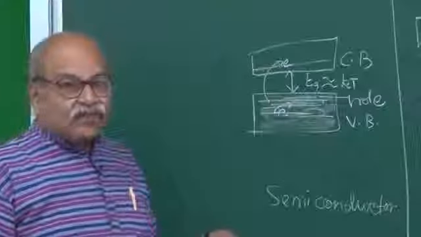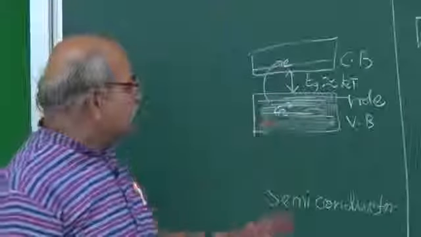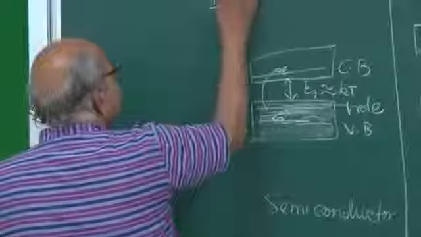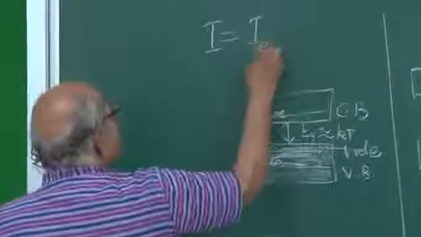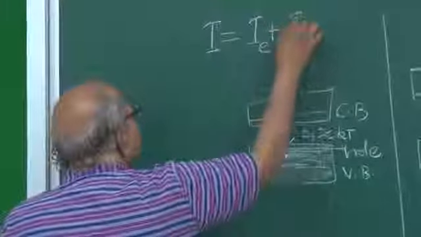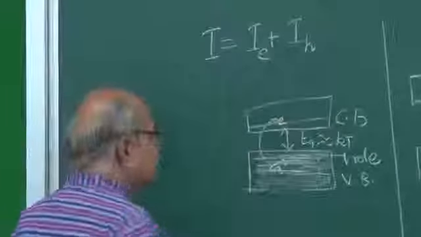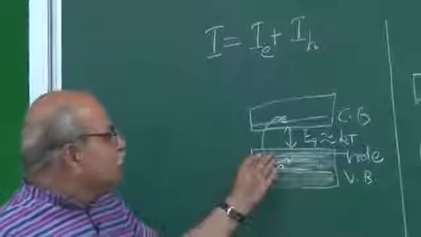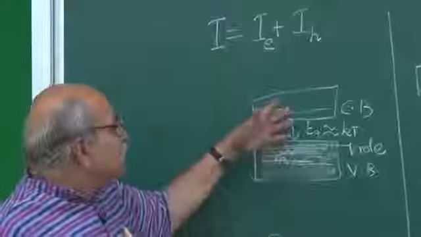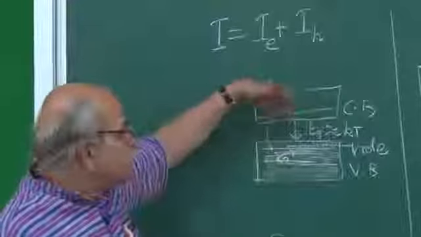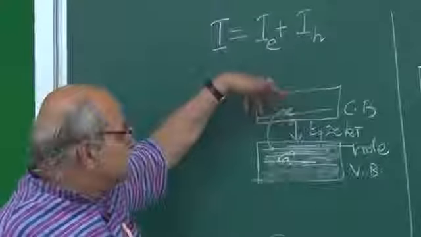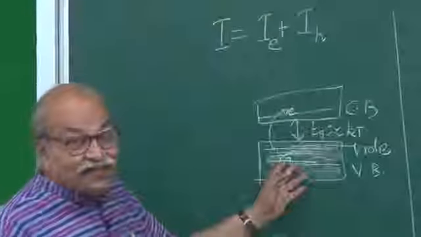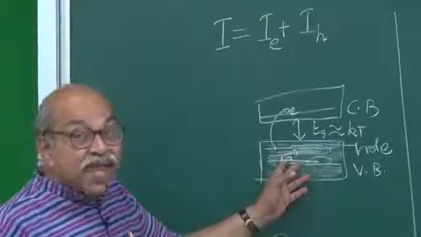So in a semiconductor, the current is composed of two parts. One is because of the conduction electrons and one is because of the holes. We call these empty states holes, right? So you have two kinds of currents. One is these conduction electrons responding to the electric field, and one is from the electrons in the valence band.